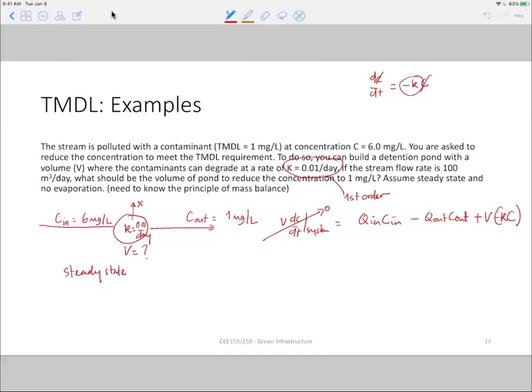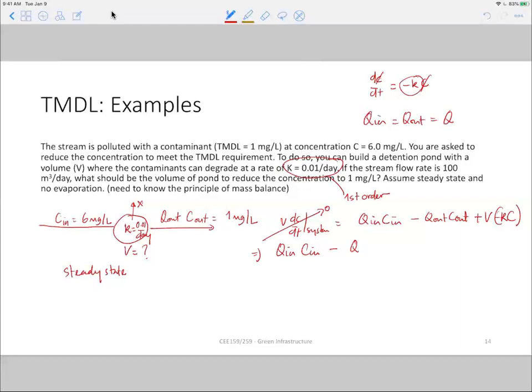So if you write that equation, that will be Q in, C in, minus Q out, C out. As you know, if the pond is at steady state, that means the volume doesn't change. So the amount of flow coming in has to be the amount of flow out, so we can write Q out equal to the same as Q. So you can say Q in, Q out, Q, because it's a steady state.